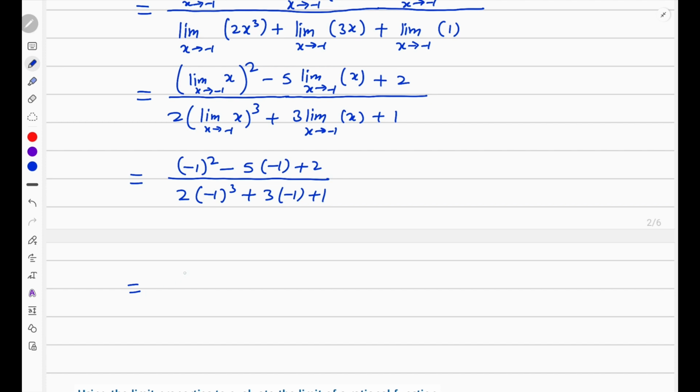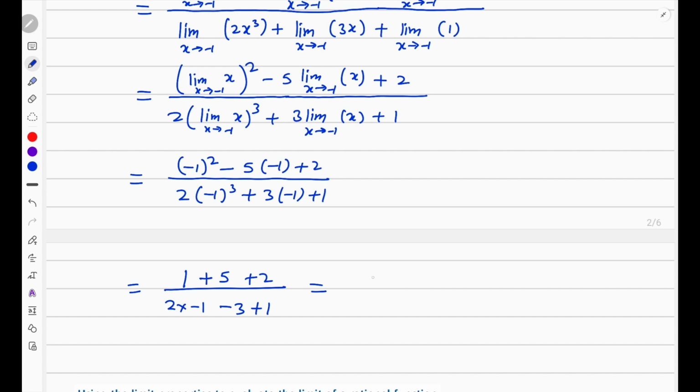It becomes minus 1 square becomes 1, and multiplication of 5 and minus 1 becomes plus 5 here, plus 2, and here this term becomes 2 times minus 1, and it becomes minus 3 plus 1.